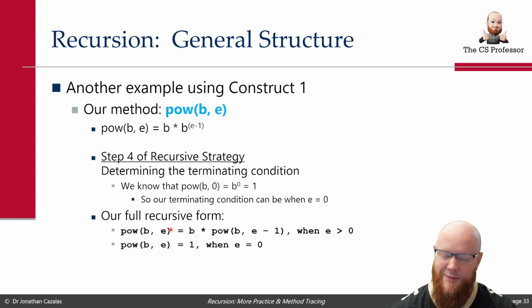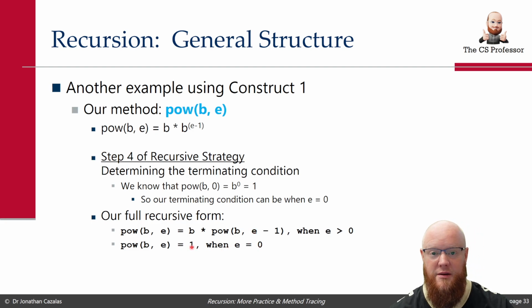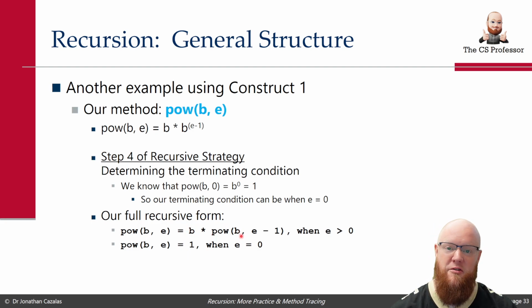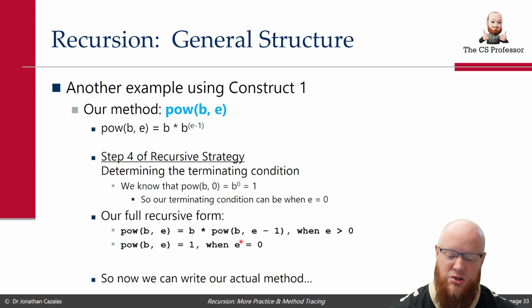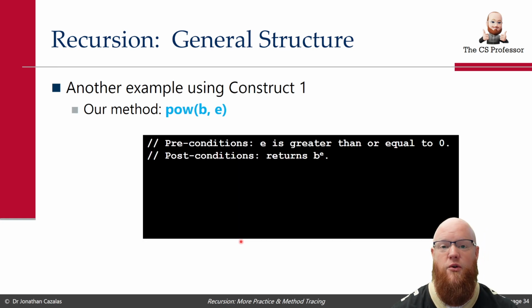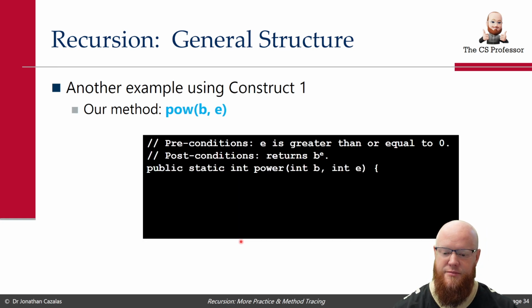And so once again, this was the hard part. Once you have this recursive definition written like this, the code is straightforward. We're going to say if e is 0, return 1, else return b times the pow of b comma e minus 1. It's super, super straightforward once you have that recursive definition.